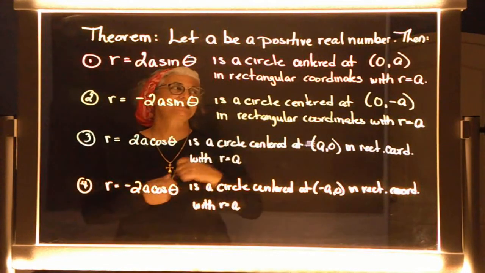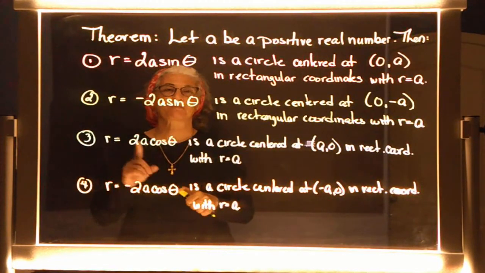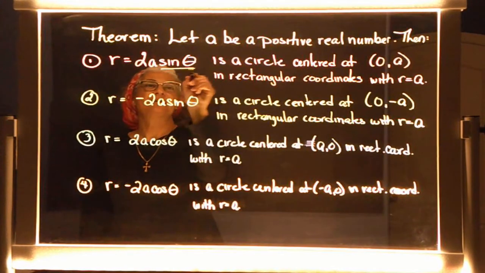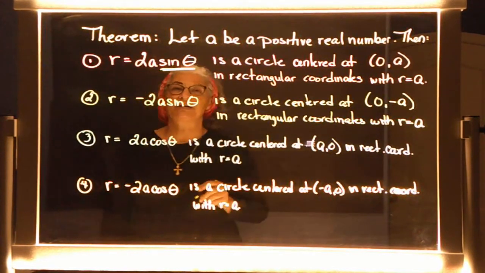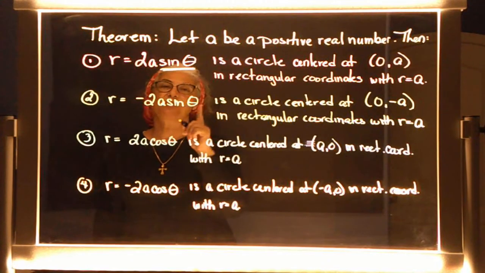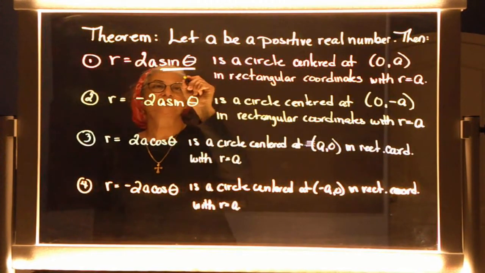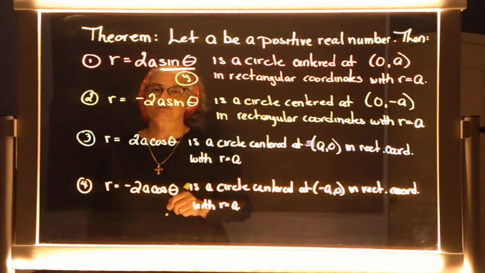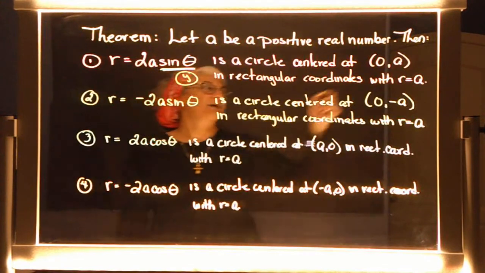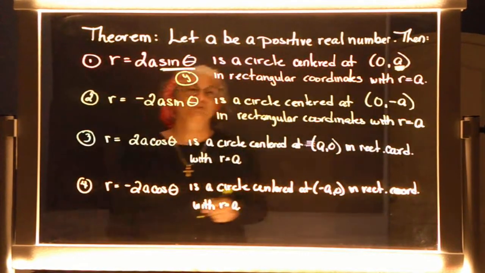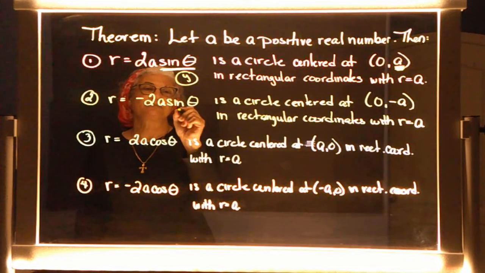Now, here's the deal. Sine is y over r, isn't it? So sine kind of represents the y-coordinate, doesn't it? Well, notice the a is in the y-coordinate position. Same thing on number 2.